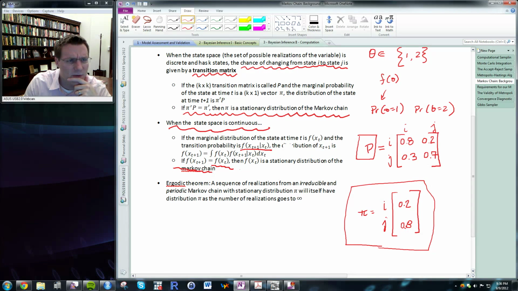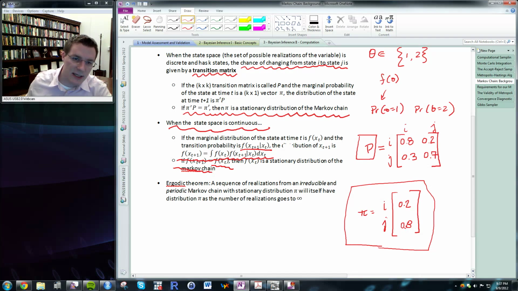Actually, let me think about this for a second. Yeah, that's right. It's because f of x_{t+1} is the integral of f of x_t times f of x_{t+1} given x_t. So in other words, if we integrate out x_t, we get f of x_{t+1}.